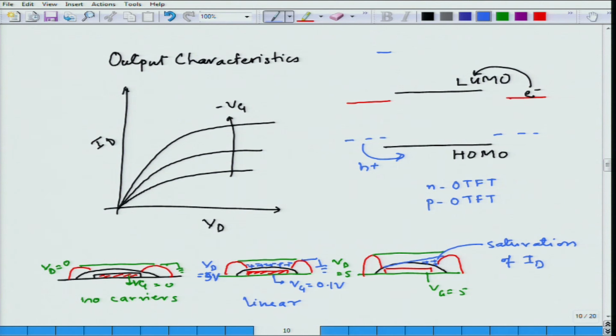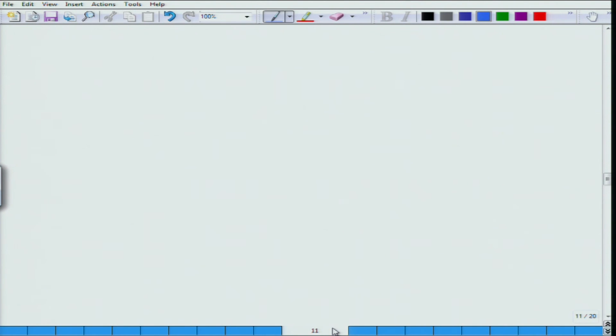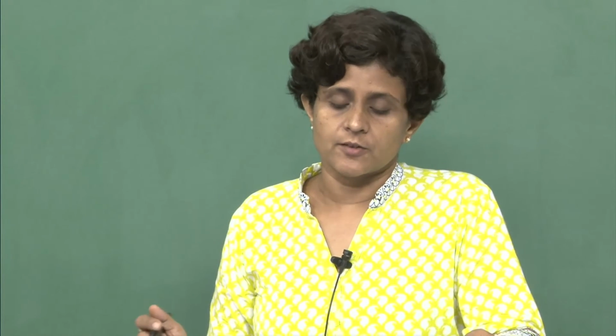With this, I hope we have shown you a very new field of electronics, which is organic electronics. The material is very different from inorganic electronics, but within the given specification, we can make all possible devices: organic solar cells, organic light emitting diodes, and organic thin film transistors. Organic light emitting diodes, I have shown in my presentations, are already a commercial device.